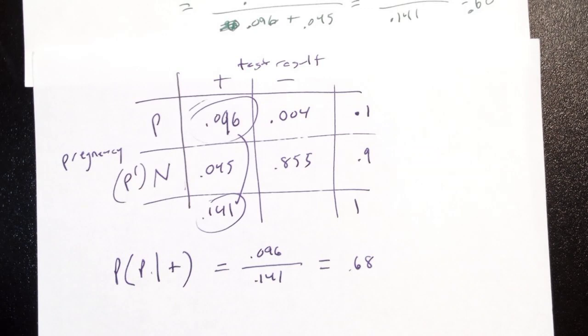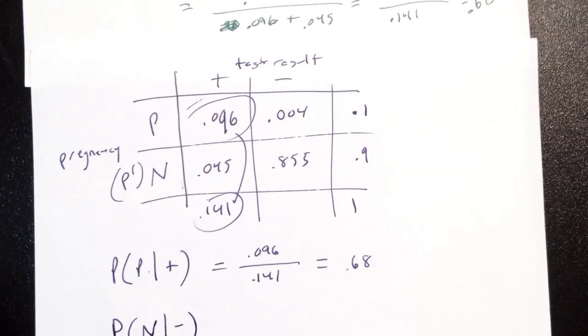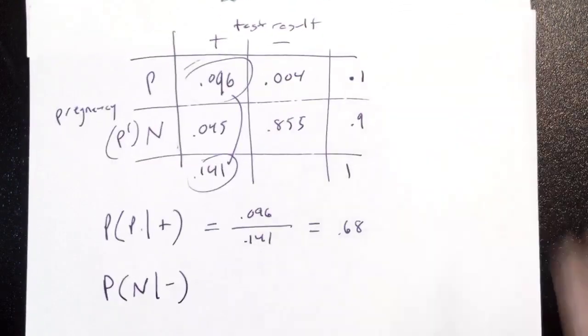I'm looking at my notes, by the way. And in my notes, I actually asked a different question. I asked, what is the chance that my person is not pregnant given a negative test? So this test we just showed, if you get a positive test, there's only a 68% chance you're pregnant.